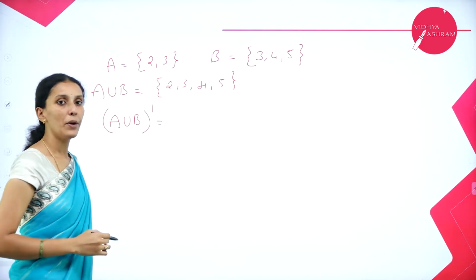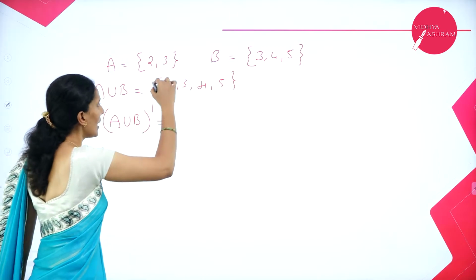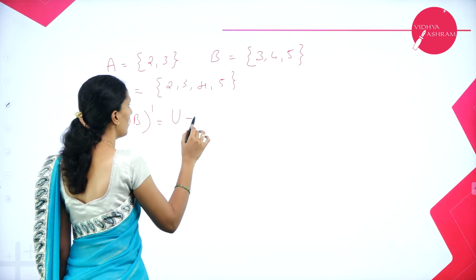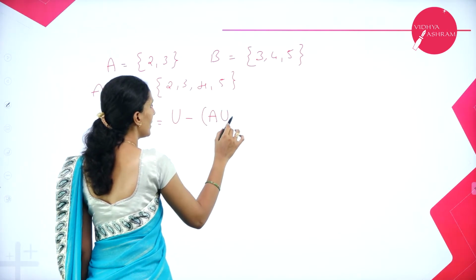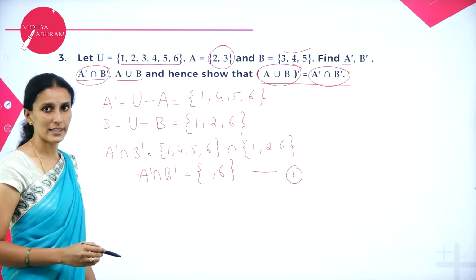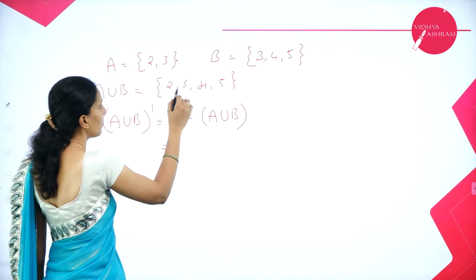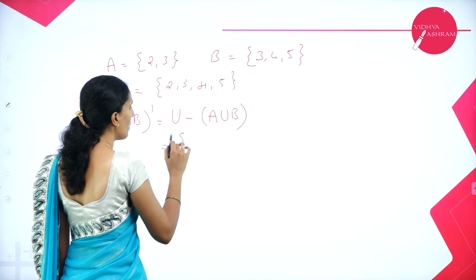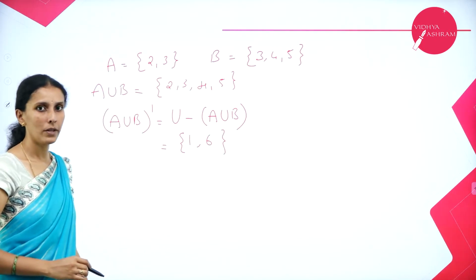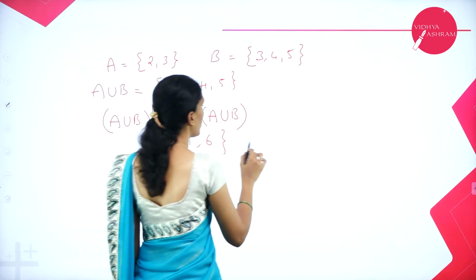What does that mean? Leave the elements of A union B and write only the remaining elements. So U minus A union B. Now I have U as 1 to 6, so leave 2, 3, 4, 5. From 1 to 6 you can write only 1 and 6 for (A union B) whole dash. So take this as equation 2.